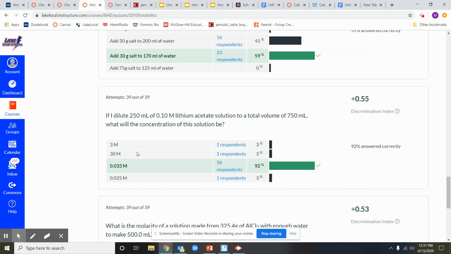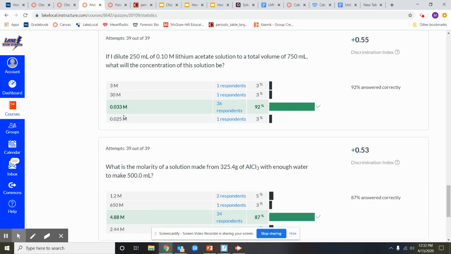So automatically on this one, you could have eliminated both 3 and 30, because it would have made no sense for your molarity, which is your concentration, to go up when you're diluting it. So again, use your contextual clues along with this when you have multiple choice answers in front of you. And if you can eliminate some, then it kind of narrows down your chances of getting it correctly, okay?